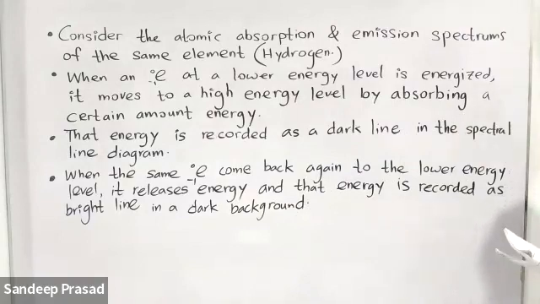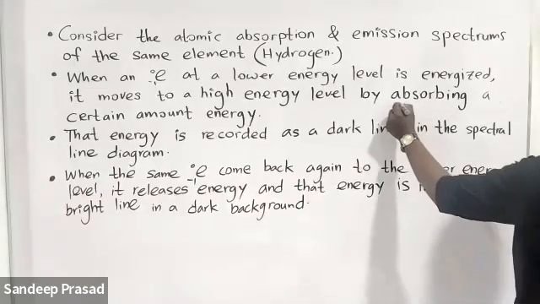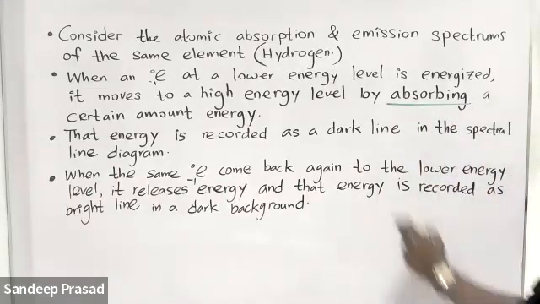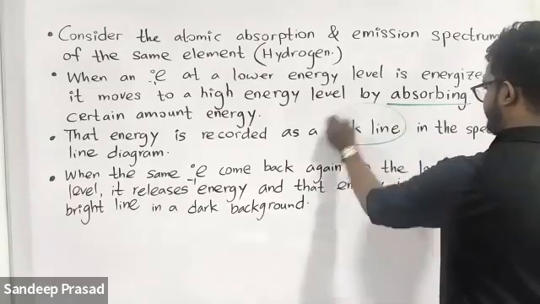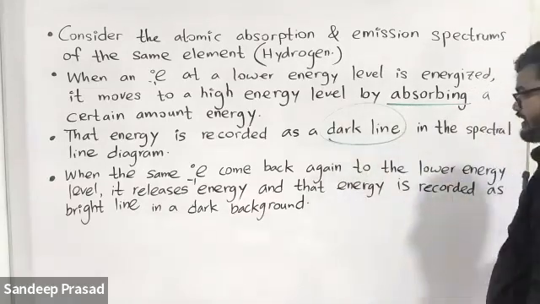I have written that one bullet-wise, so you can complete the note on page number 35 quickly, no doubt. Consider the atomic absorption and emission spectrums of the same element, hydrogen. When an electron at a lower energy level is energized, it moves to a high energy level by absorbing a certain amount of energy, and the energy is recorded as a dark line in the spectral diagram.